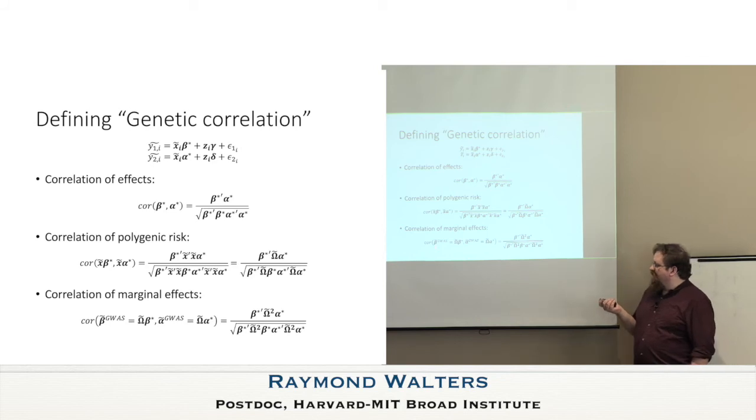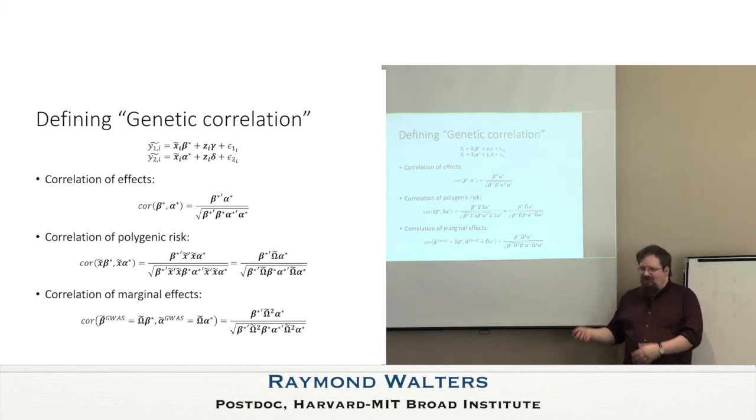Reflecting on the idea that showed up in our initial derivation of LD score, the effect sizes we see at the GWAS level, those marginal effects associated with a given SNP, are related to those conditional effect sizes by way of convolving them with the LD structure. That gets us a further progression where LD structure is even more important to our thinking about this quantity, and would tell us something about how similar the GWASs look that is distinct from these other two ways we could think about correlation.